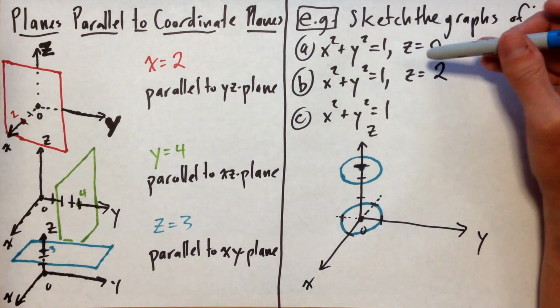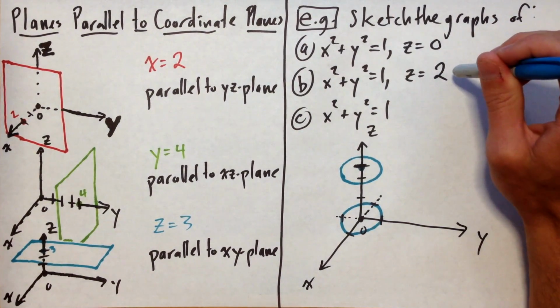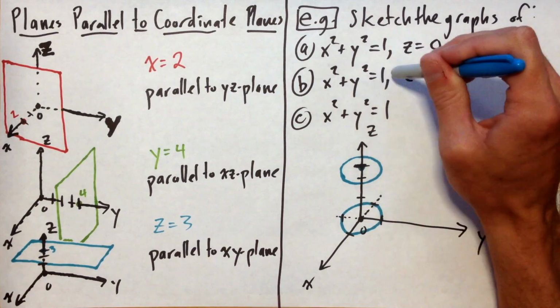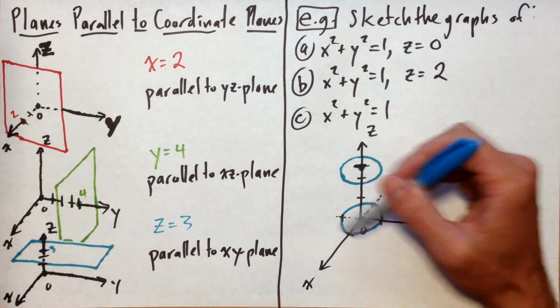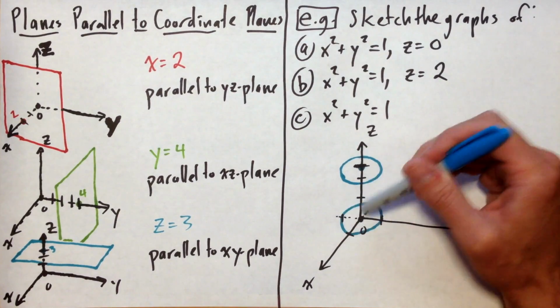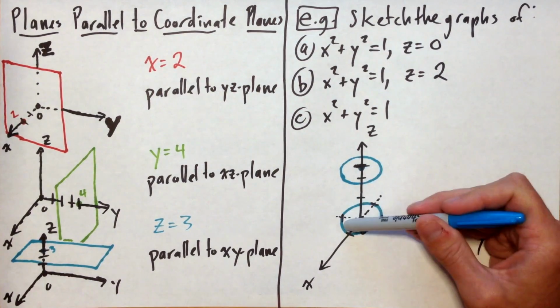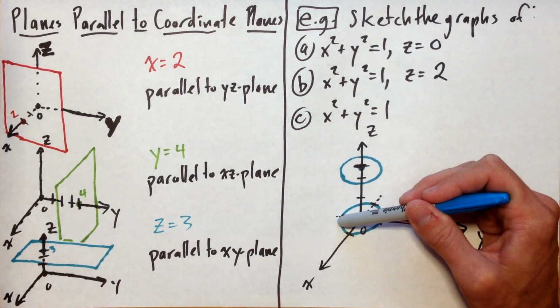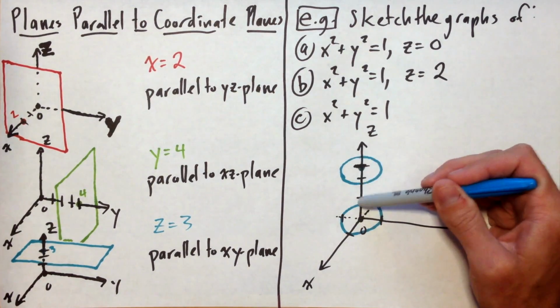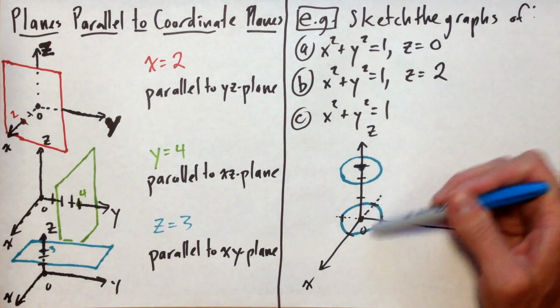What if I did something instead and said, let's have z equal to 2, but x squared plus y squared equal to 1? Well, that doesn't change any conditions on what x and y can be, at least in terms of lying on this circle. All it changes is that the z coordinate has to be 2 instead of 0. So every point down here just gets shoved up 2 in the z direction and has a point up here.